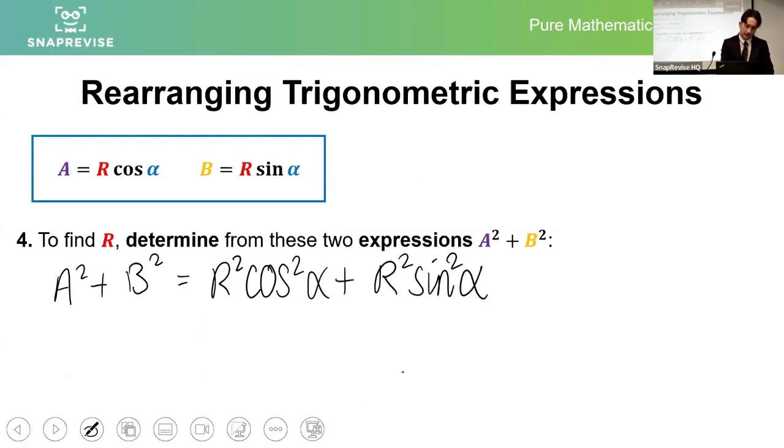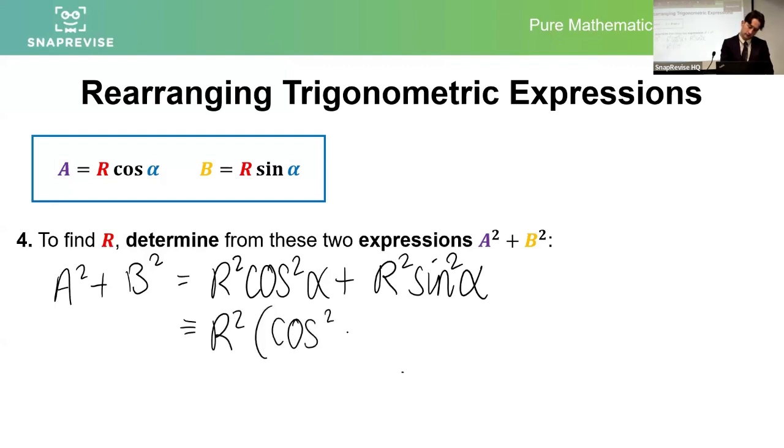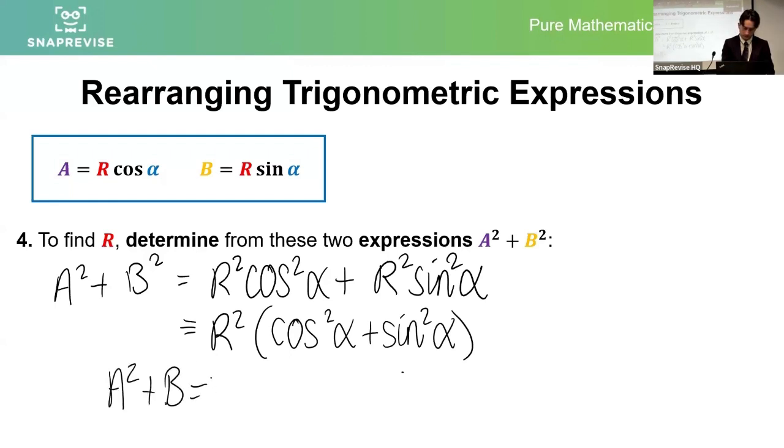I can factorize out an r squared. So basically, that's just 1. So a squared plus b squared equals r squared.